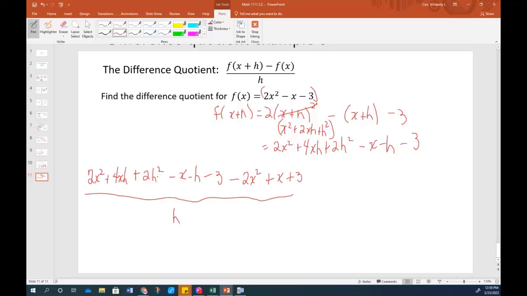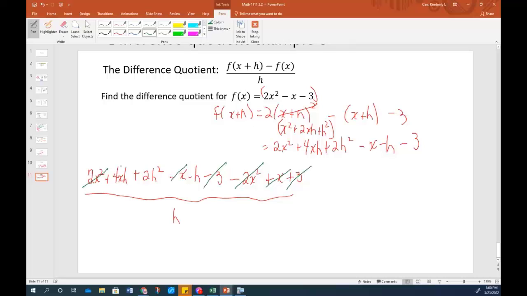But now let's see what we can cancel out. And this does actually happen. You should expect a lot of things to cancel. So 2x squared and this minus 2x squared goes away. The negative 3 and this plus 3 goes away. I have a minus x and a plus x that goes away.